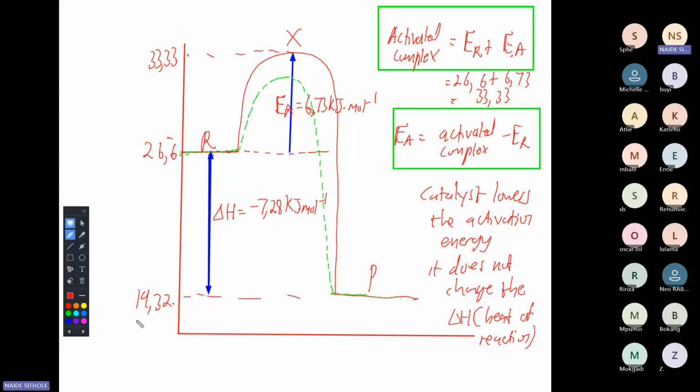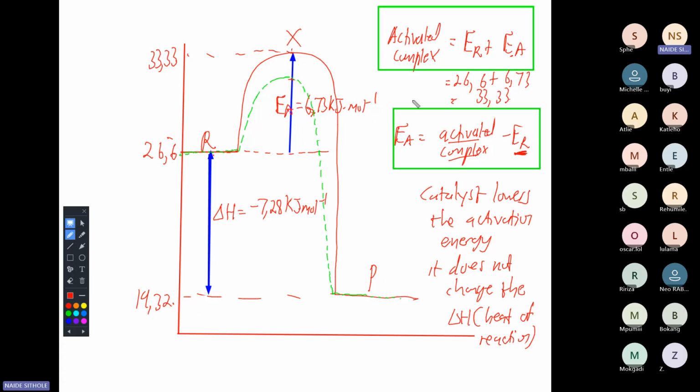So this is how you indicate that catalyst. We can see that the activation energy has been lowered, which of course results in the activated complex also being lower. Because remember, activation energy is activated complex minus energy of the reactant. Since the energy of the reactant does not change, we know that what influences the activation energy is the change in the activated complex.